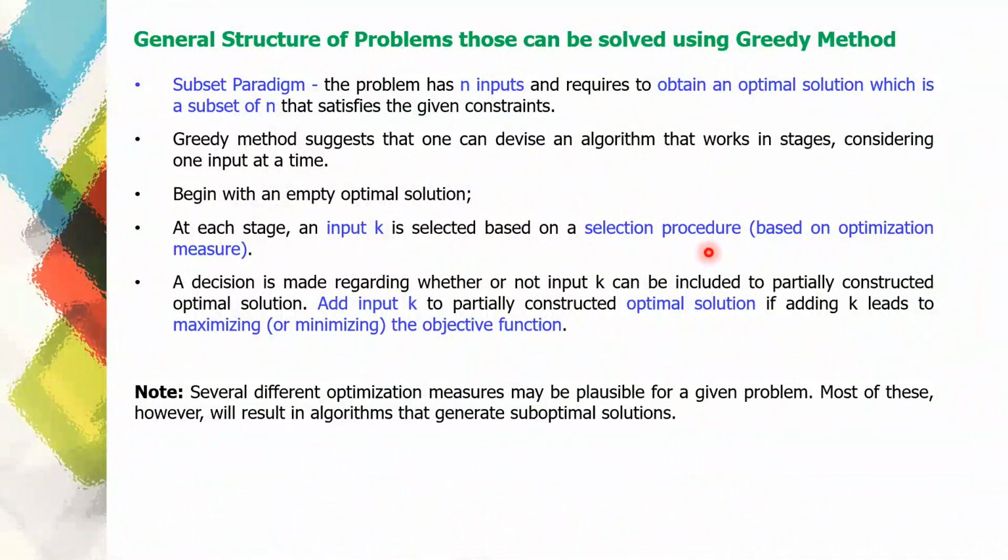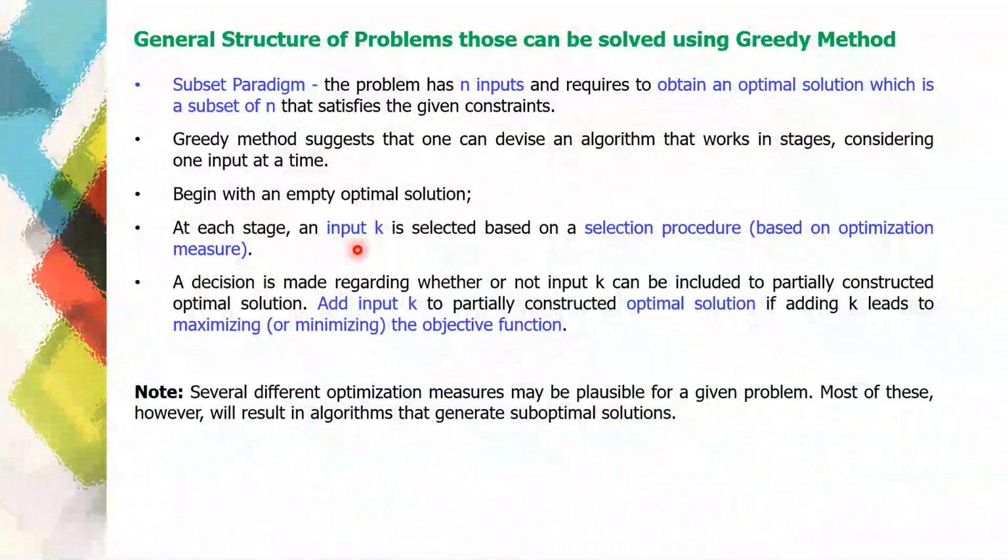And this selection procedure is based upon an optimization measure. Okay, so in the previous example that I have given, traveling from home to college, the optimization measure or the selection procedure is traveling time, 60 minutes. That's the constraint, right? Based upon the constraint, you are going to select an input k.